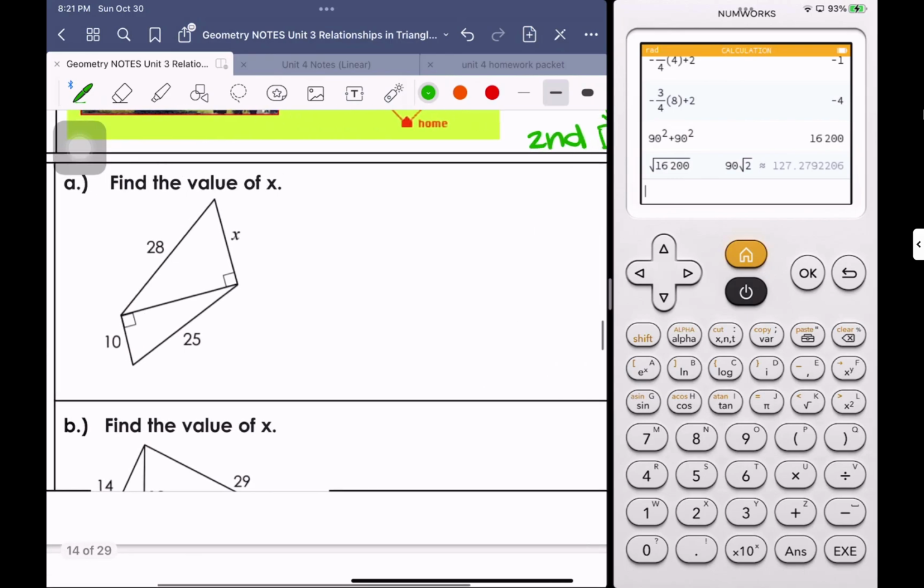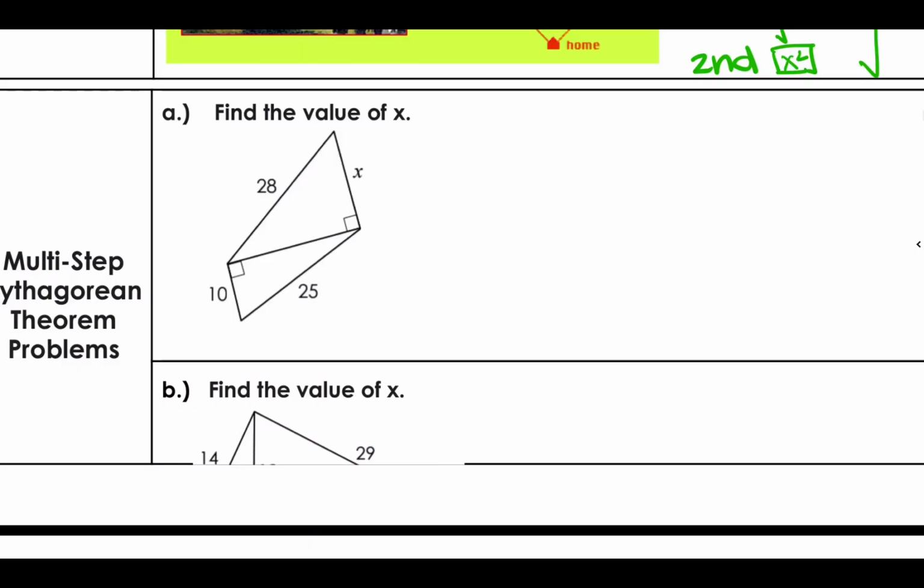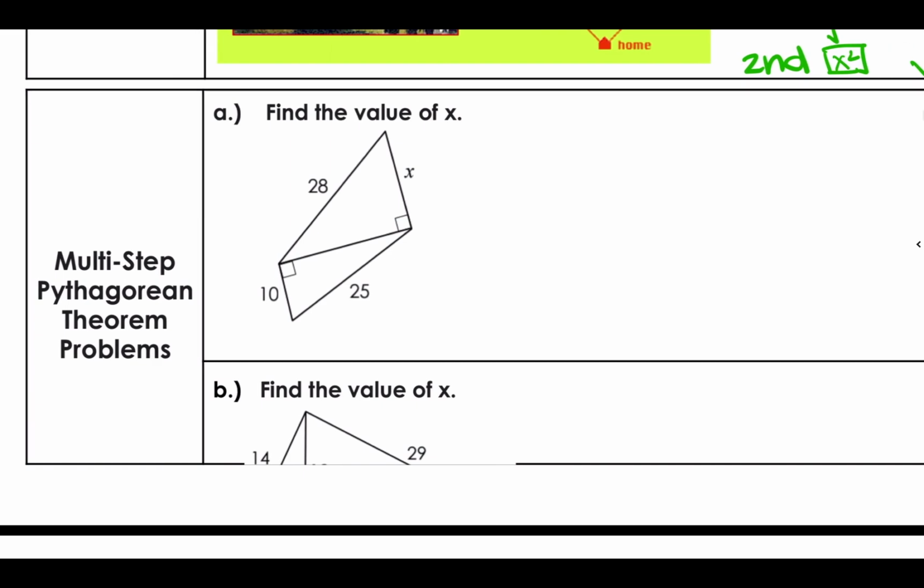Okay, find the value of x. To find x, we actually have to find this segment in between. I like to call this segment that's in between y. So we need to find y first, because to use the Pythagorean theorem, you need to have two values.